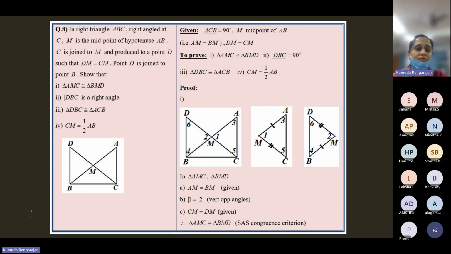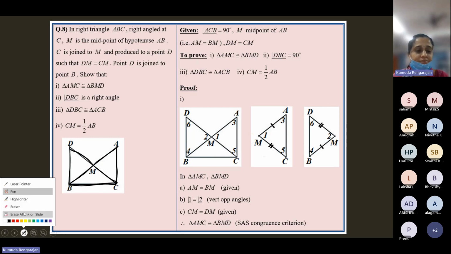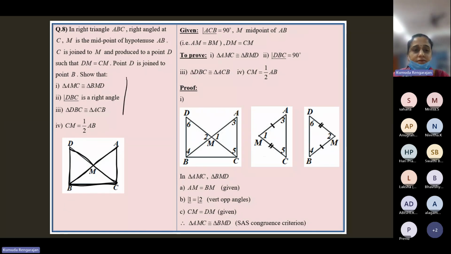Next, we'll have to prove that triangle DBC is congruent to triangle ACB. DBC, ACB. See here?